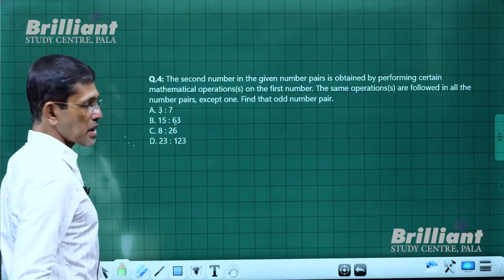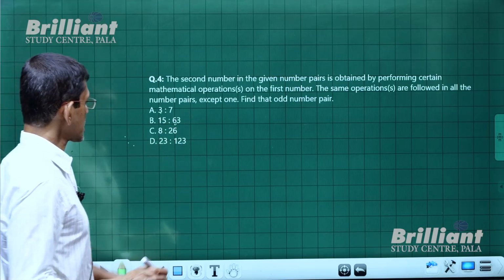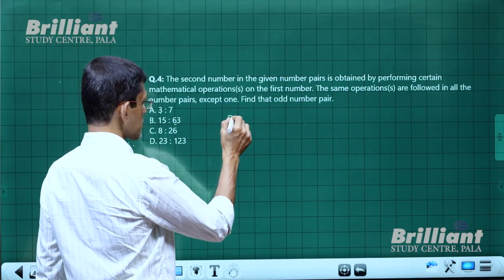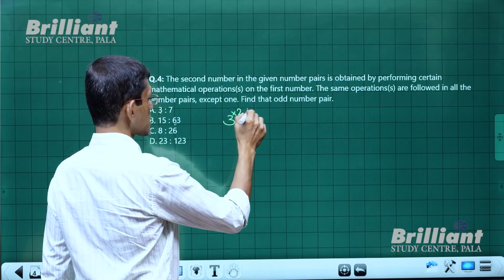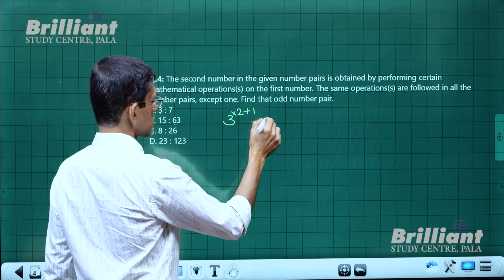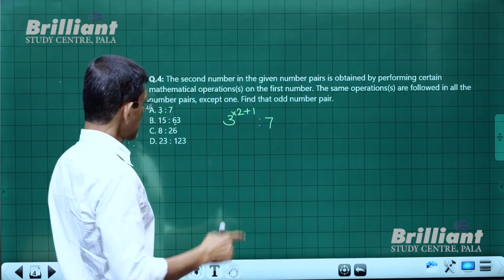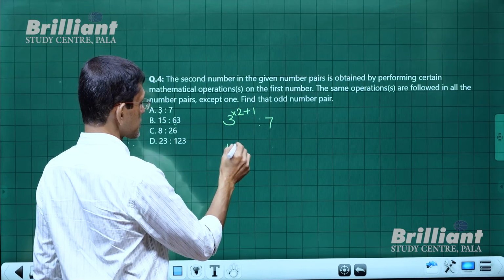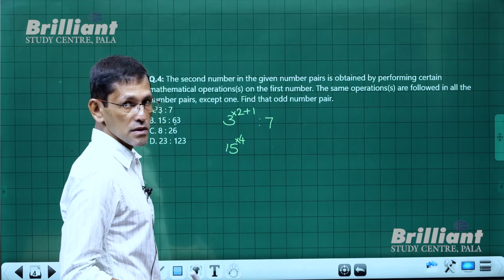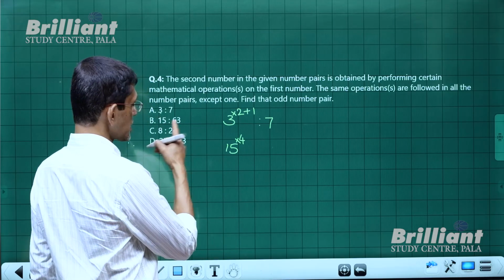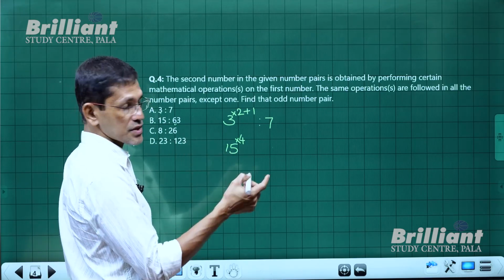How about a multiplication possibility? 3 and 7. 3 into something is 7. 3 into 2, 6 plus 1 is 7. Okay, so that's 7. How about 15? 15 into what? 15 into 4 is 60. What we need to get is 63.